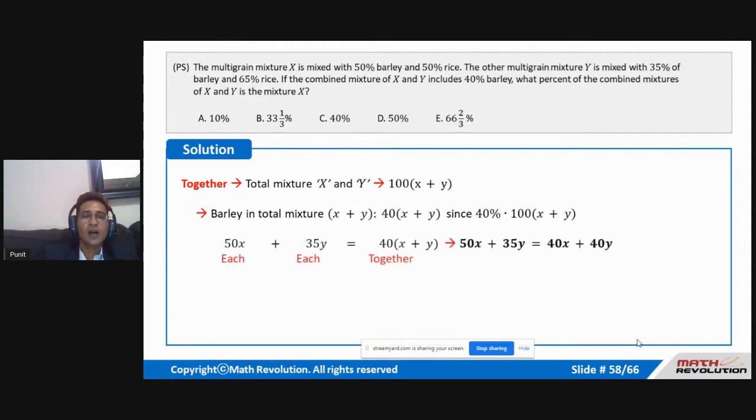This is how the equation would look: 50x, that is barley in mixture X, plus 35y, which is in mixture Y, equals 40 times x plus y. If we rearrange, we can definitely find the value of x and y in each other's terms. So this becomes 10x equals 5y, or 2 times x is equal to y.